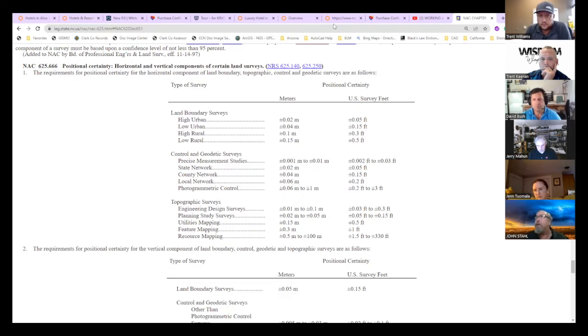You're shooting points. And your confidence has to be in each individual point as the point is being observed. And you've got ways of checking those. You can repeat them, do lots of different things to confirm the location of those points and to increase your level of confidence of its precision.